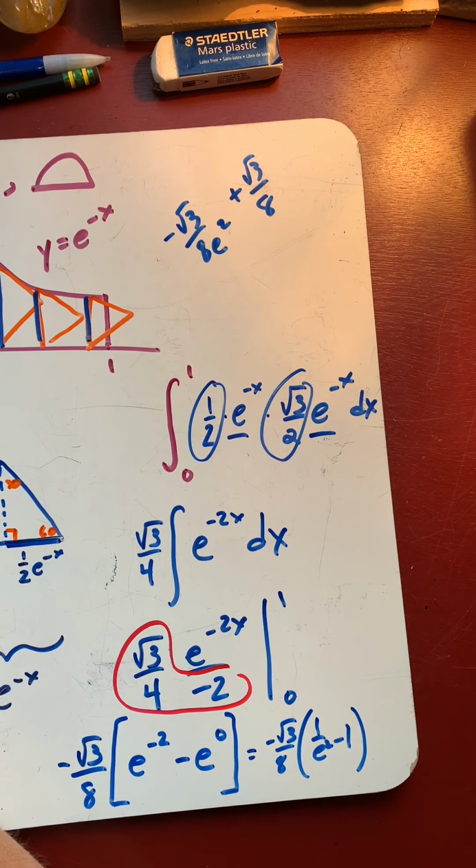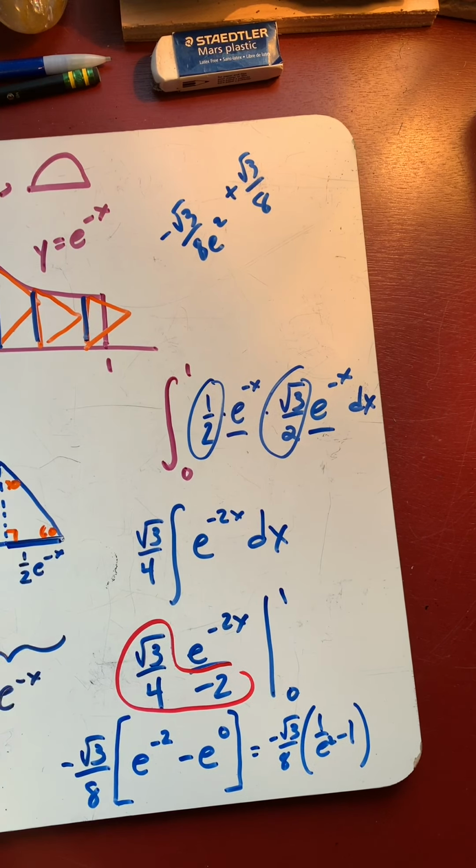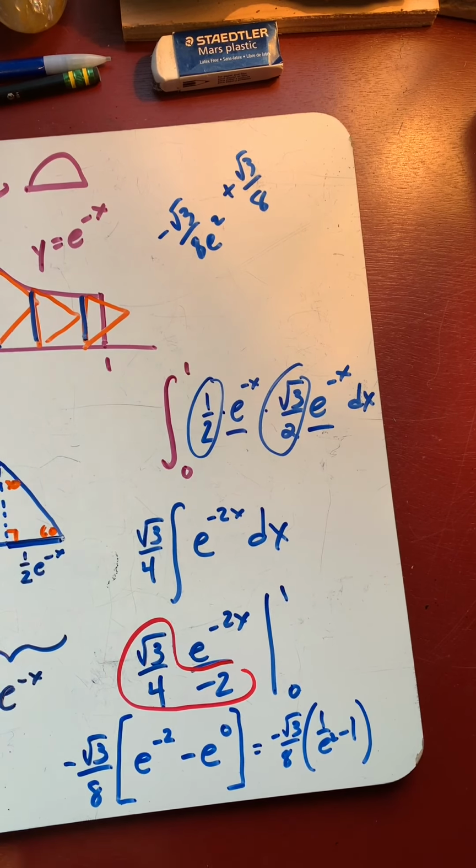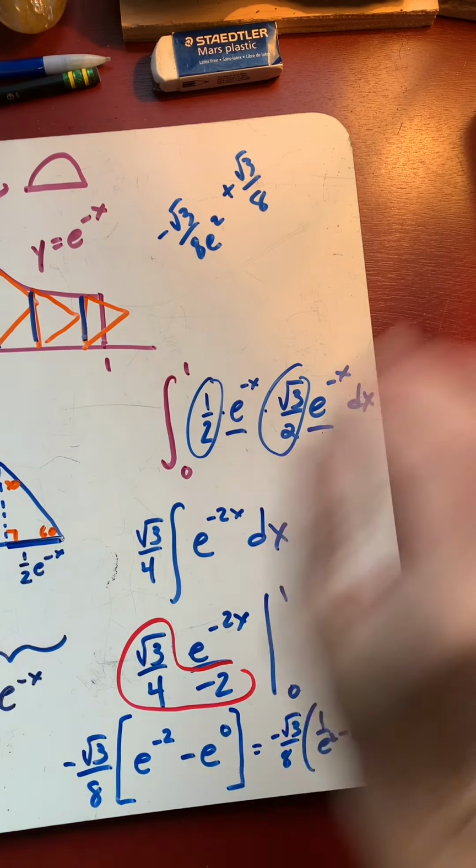Negative root 3 over 8e squared plus root 3 over 8. Oh, boom! That's how you do a problem at 7 o'clock in the morning. Sorry, that was rude. Go back and watch that again if you need to.